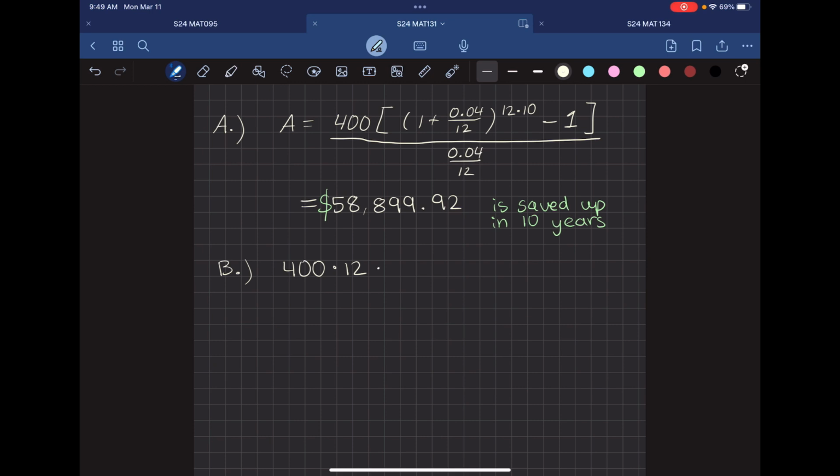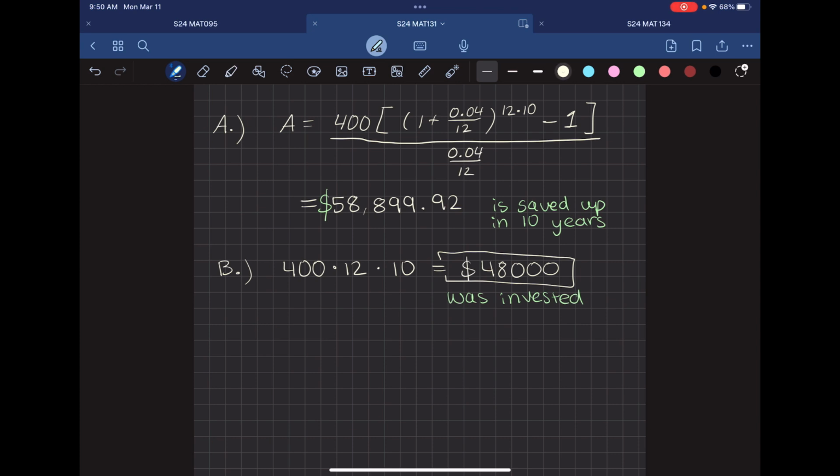And then I'm doing that for 10 years, so I multiply by 10. I end up getting that I invested, from my own money, $48,000. So that's $48,000 of basically our own money.